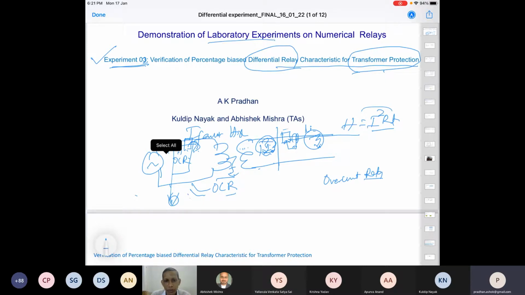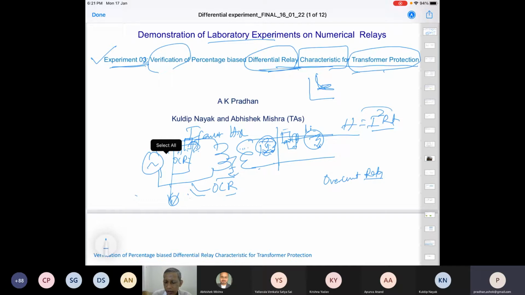Given a differential relay with certain characteristics, like the other day we talked about IDMT characteristics, we would like to verify whether the characteristics of the relay, as mentioned by the vendor or manufacturer, the relay is following at this moment or not. That is what we are testing.